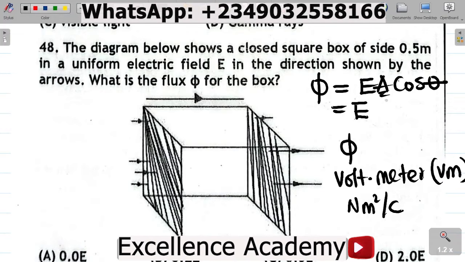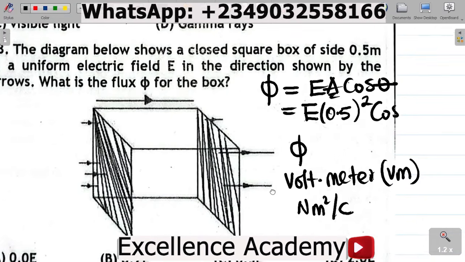Then you have A, which is simply area. They give you the side as 0.5, and they said it is a square box. So for a square box of side 0.5, the area becomes 0.5 times 0.5, which is 0.5 squared. Also, you now have cosine of theta. What's the angle there?